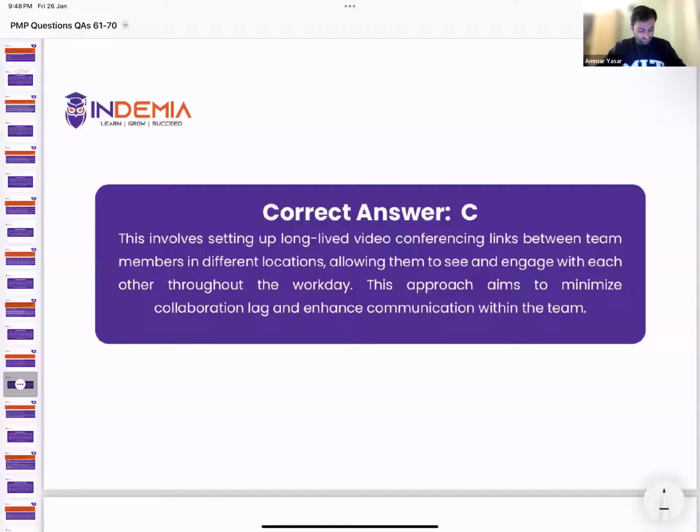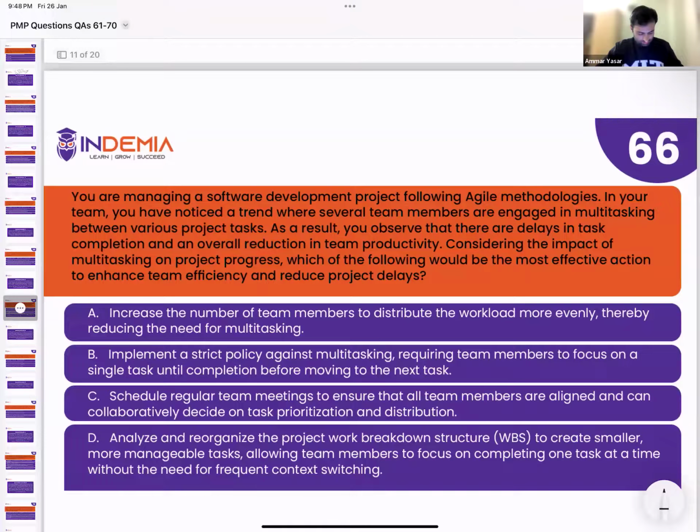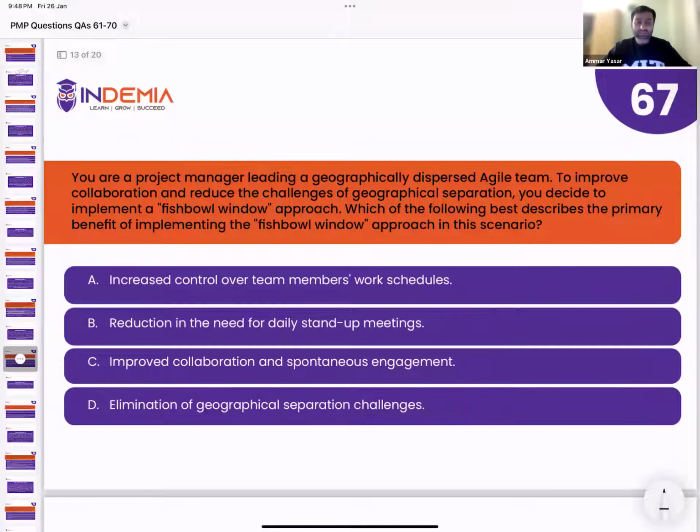And also one more thing, what Shazman has mentioned, that option D is irrelevant. That's not the case. If I go here, yes, it eliminates the challenge of geographical separation, right? It could be correct, but it's not very specific or detailed or the primary benefit of fishbowl window. The primary benefit is spontaneous engagement.